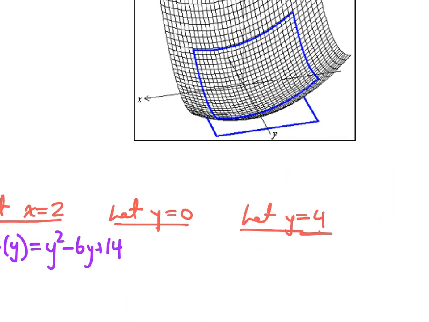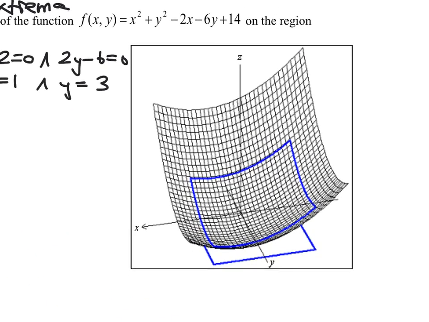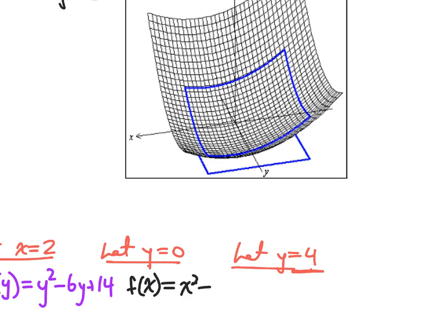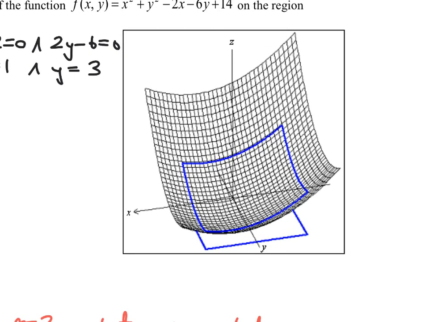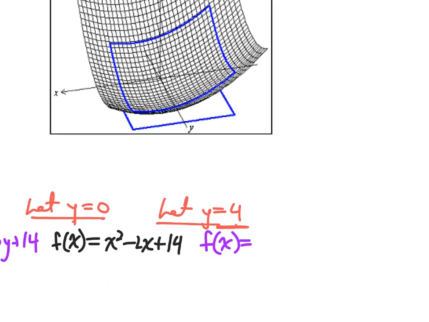So f of x squared minus 2x plus 14. And then my last f of x, plugging in a 4 for y's. So 16 minus 24 is negative 10, plus 14 is going to be a positive 4. So x squared minus 2x plus 4.